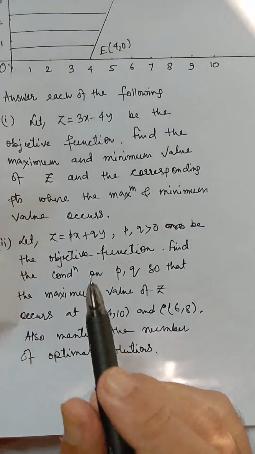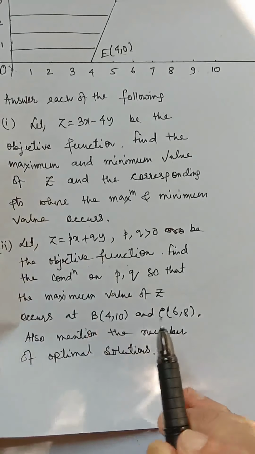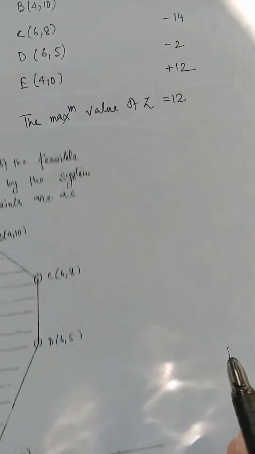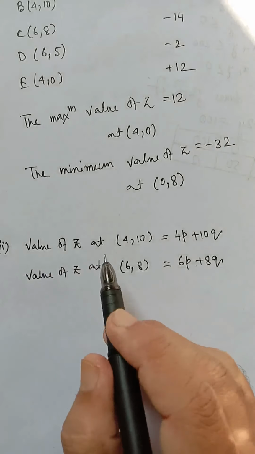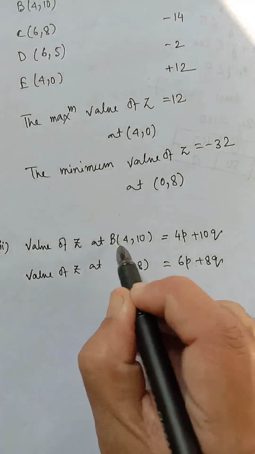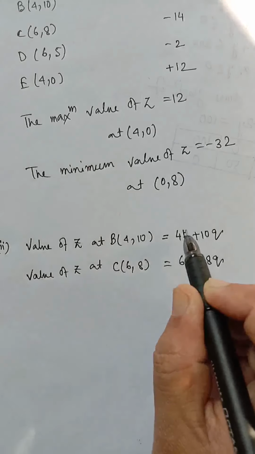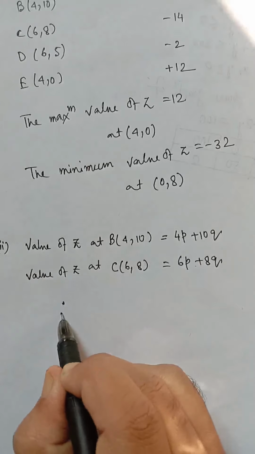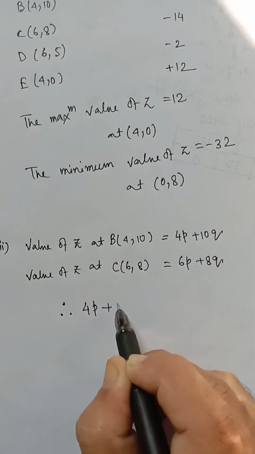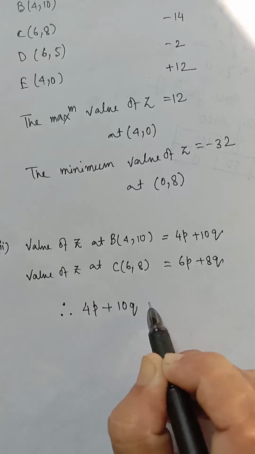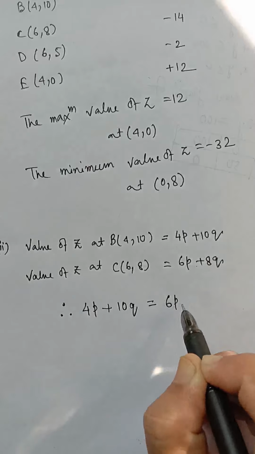According to the question, as z attains its maximum value at B and C, the values of z will be the same. The value of z at B (4, 10) is this, and the value of z at C (6, 8) is this, and these two values will be equal.